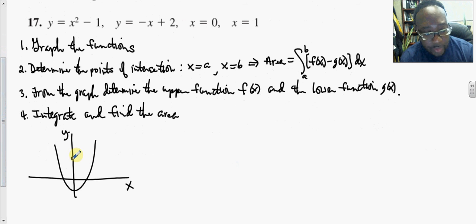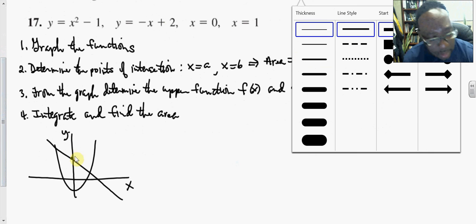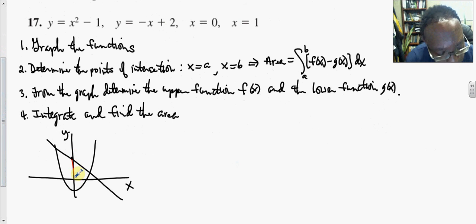Here for x equal to 0, y equal to 2. And then when x is equal to 2, y is 0, so something looking like that. Then it tells you that x is equal to 0, x equal to 1. So x equal to 0 is here, then x equal to 1.